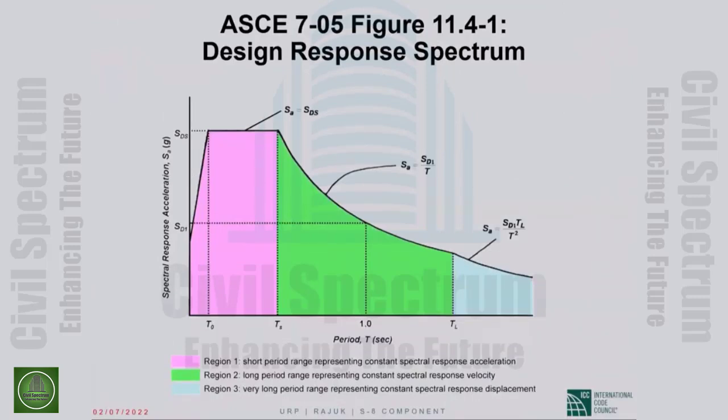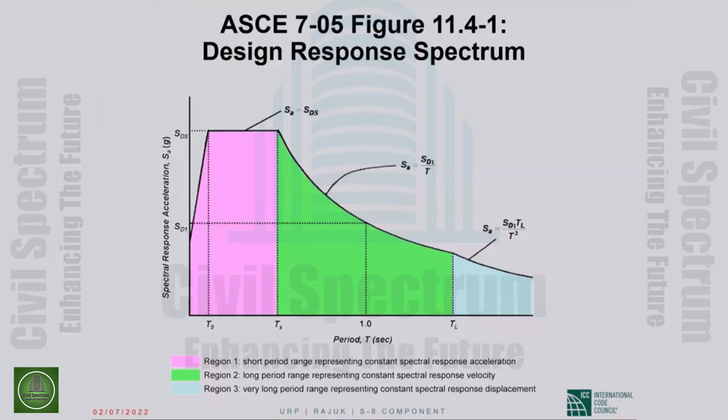So we come back to the design spectrum, or the design response spectrum, of ASCE 7. Nothing is changed except that we now know that it corresponds to the design earthquake of ASCE 7, and the design earthquake is 2/3 of the maximum considered earthquake, which I have defined for you.